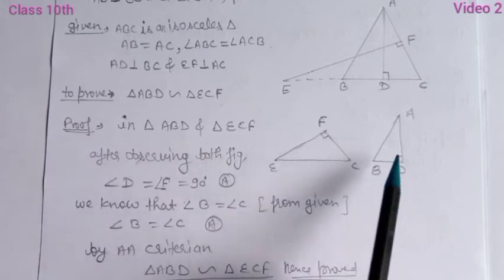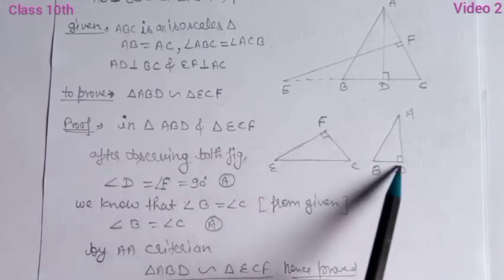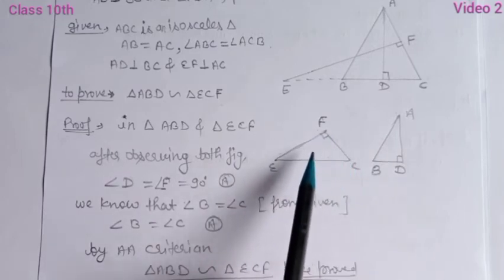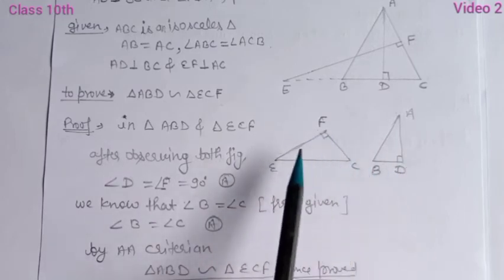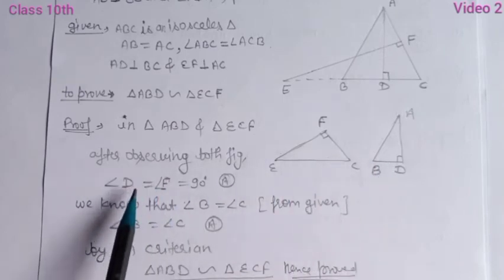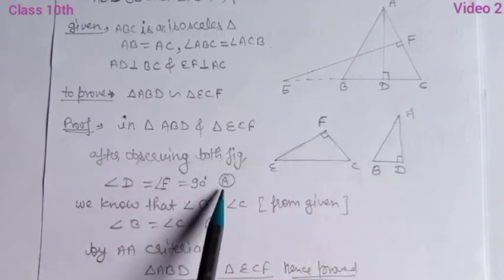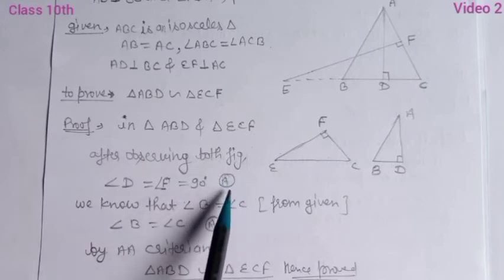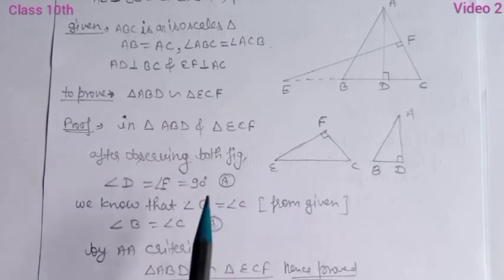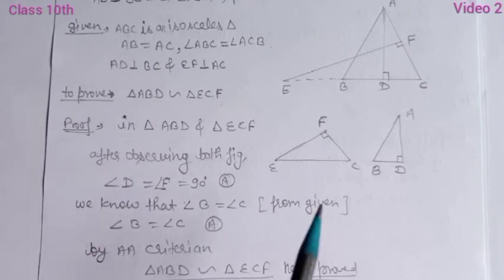So students, you can see one thing, angle D in triangle ABD and angle F in triangle EFC, both are right-angled triangles. So we can write angle D is equal to angle F equal to 90 degrees. Mark it as one angle equal. As you know, we have to make such equal pairs here. It could be a pair of angles, or pairs of sides, ratio of the sides.